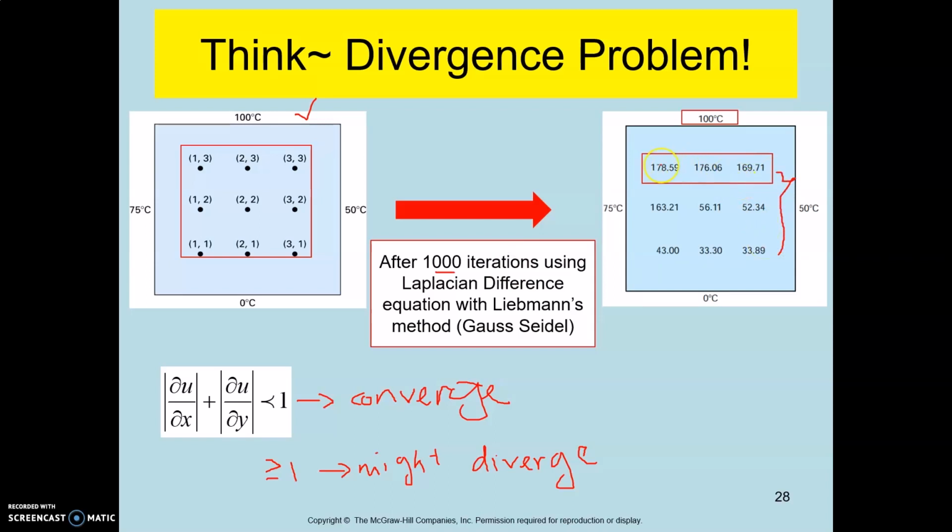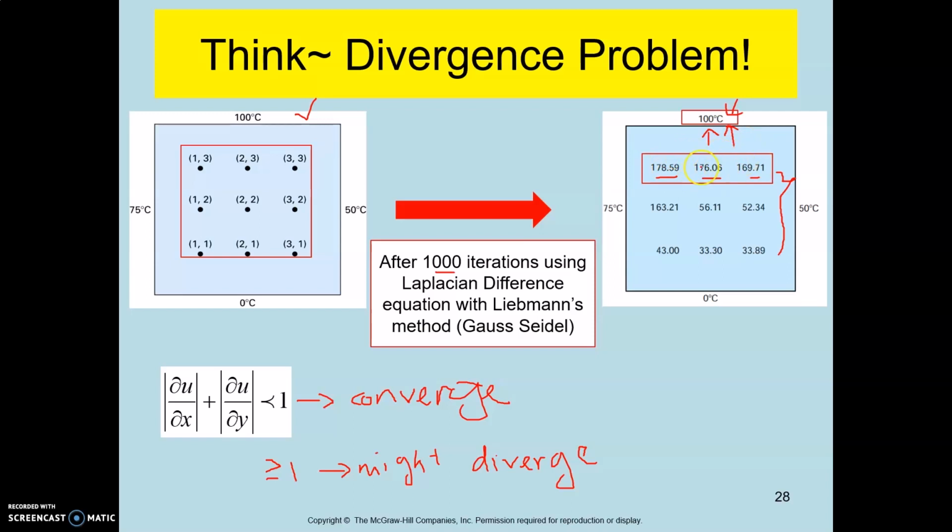If you check the result, it doesn't make sense because it exceeds the boundary condition that you set. If the hottest point is 100 degrees Celsius, the temperature within the body shouldn't be more than this temperature. Logically, it shouldn't be.